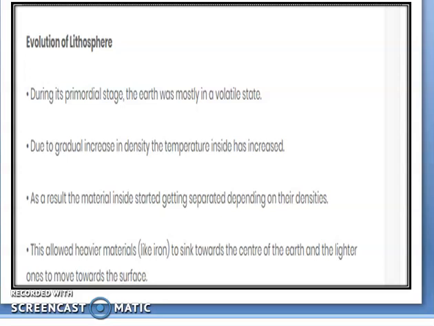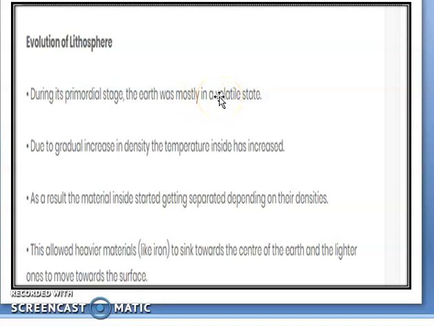at the very beginning, when the Earth was formed, the Earth was mostly in a volatile stage. The scientists have given this period the name the primordial stage. In the primordial stage, the Earth was mostly in a volatile state.